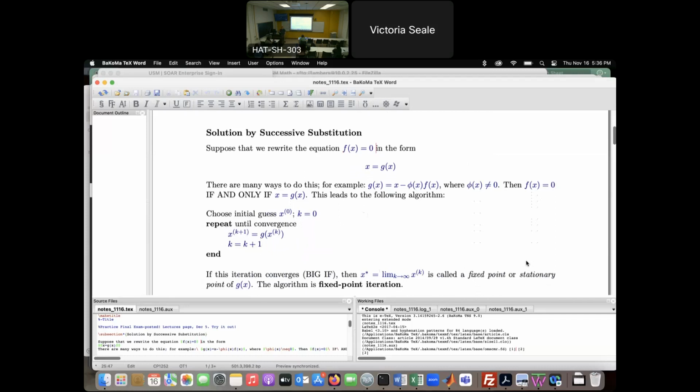So this algorithm that hopefully produces a fixed point of g is called fixed point iteration. So what we're going to do today is we're going to try fixed point iteration out on some examples, and also establish some theory about when it works, and if so, how well does it work.